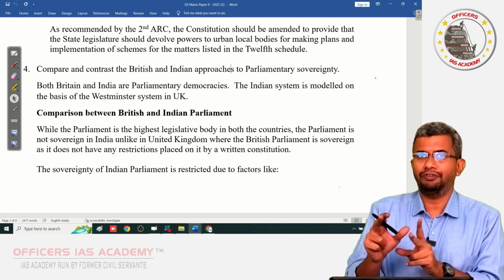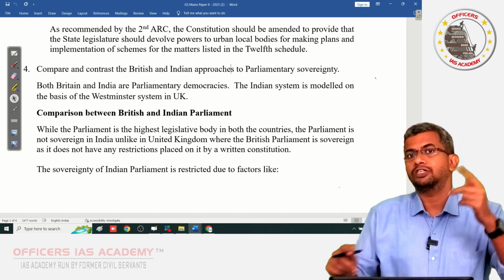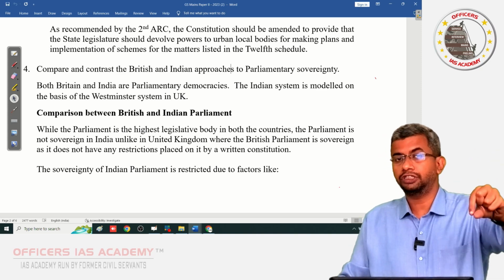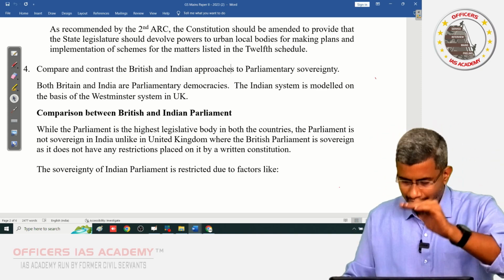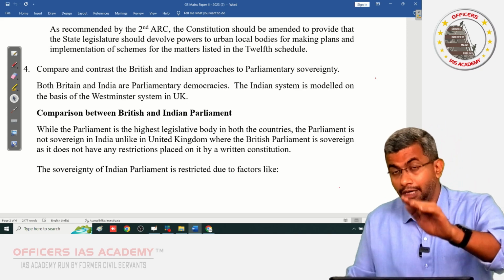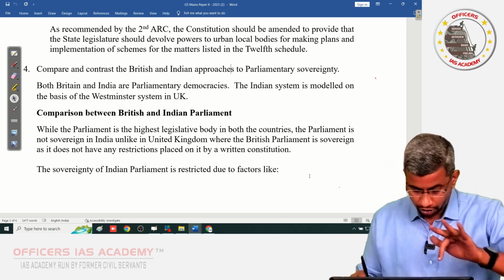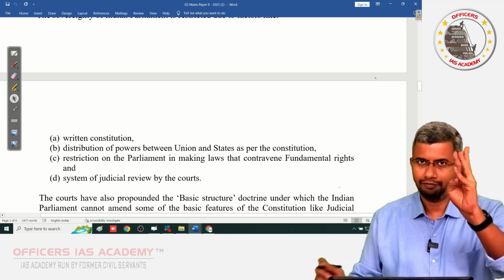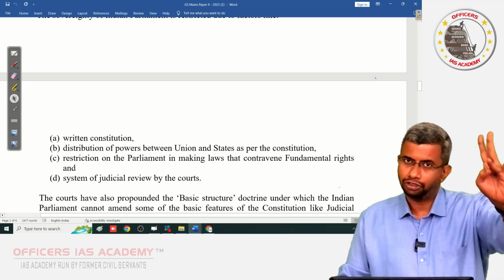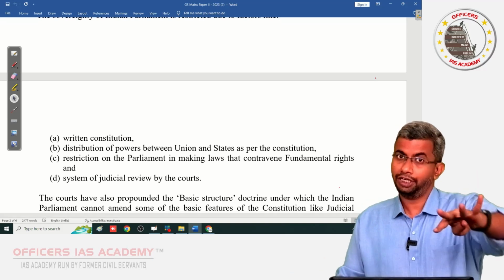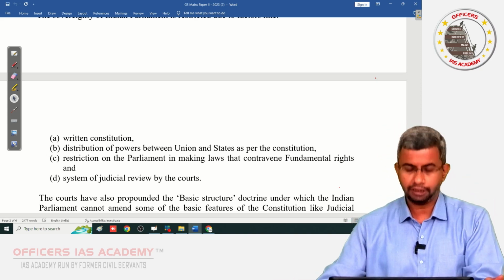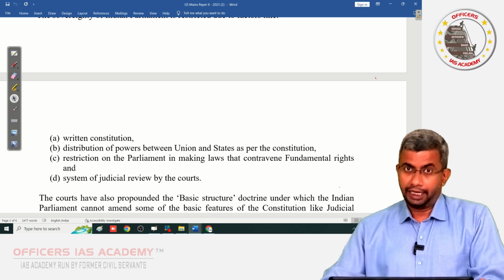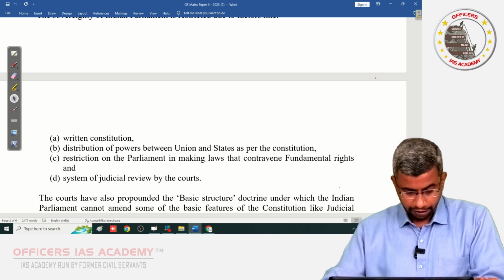But in terms of sovereignty, the British Parliament is sovereign because there are no restrictions placed by a written constitution in that country. Whereas the Indian Parliament is not sovereign because of the following factors. We have a written constitution. There is distribution of powers between the Union and the state. So on state matters, Parliament cannot legislate unless under specific circumstances. They cannot make laws which contravene fundamental rights.